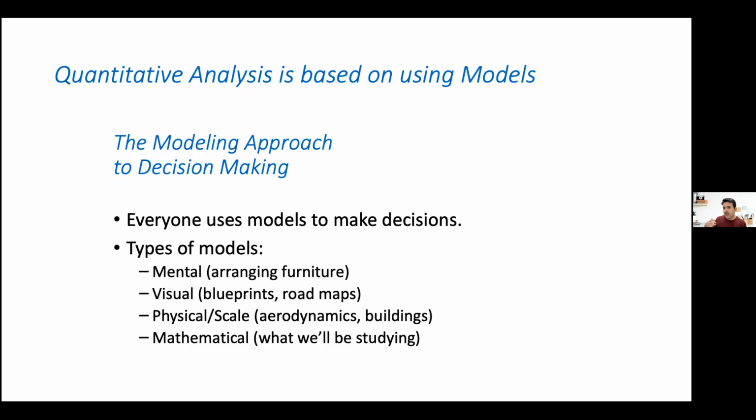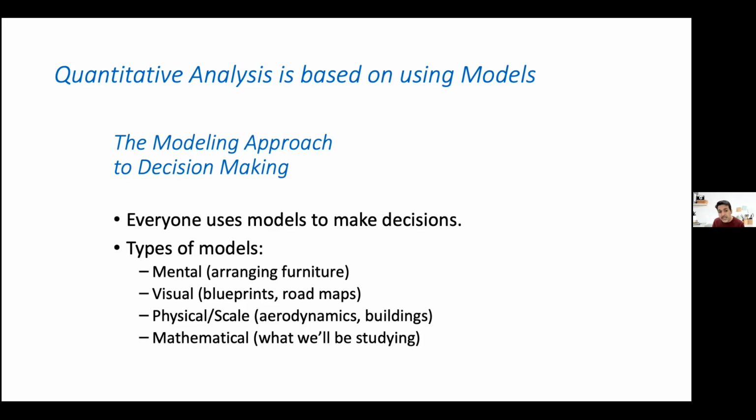What's your dream home? How does it look like? This is something that is mental. You don't have it on a map. You don't have it in a computer. You don't have any physical model of that. You're thinking about that situation. So that would be mental.